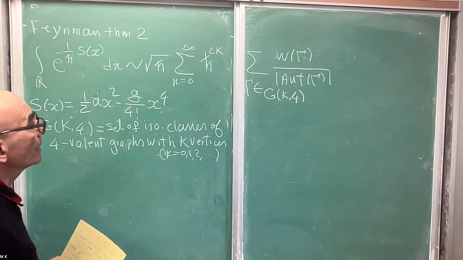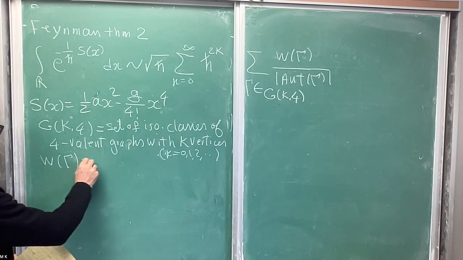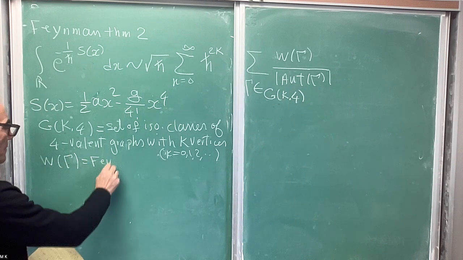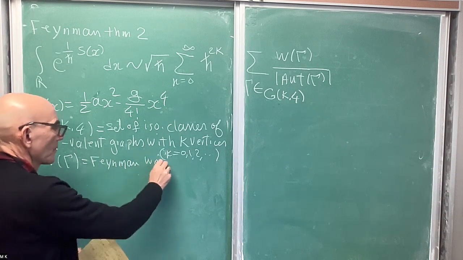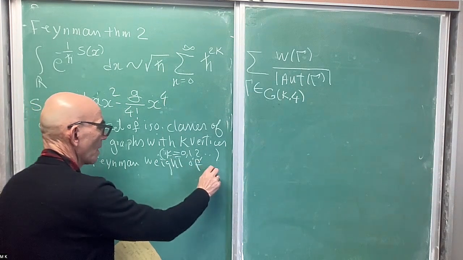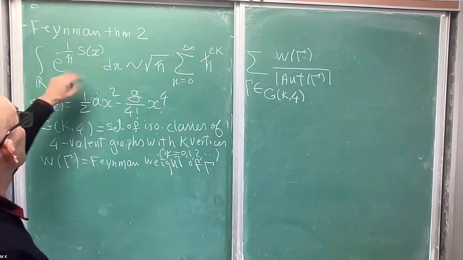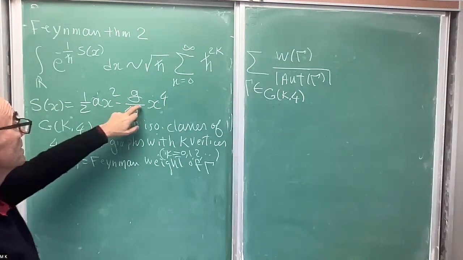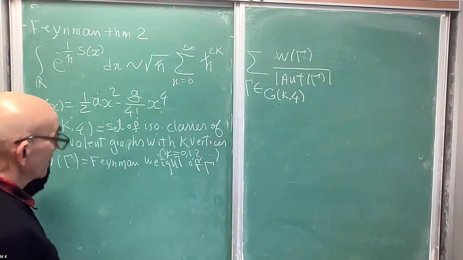All right, so this W of gamma is this Feynman weight of gamma, which is defined using this A and this g and the fact that this is quartic.